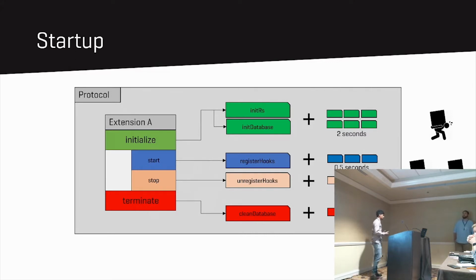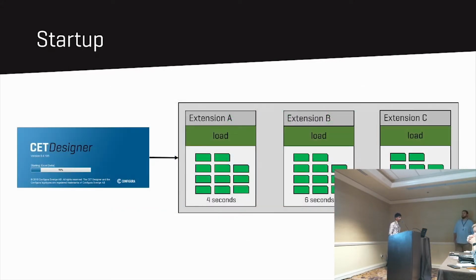But when working with CET Designer, it's always super important to keep in mind that users would normally have 10 to 15 extensions installed at a time. So if each extension ends up adding 2 or 3 seconds to its load time, the user is going to experience a horrible startup time, right? And that's what we want to avoid.